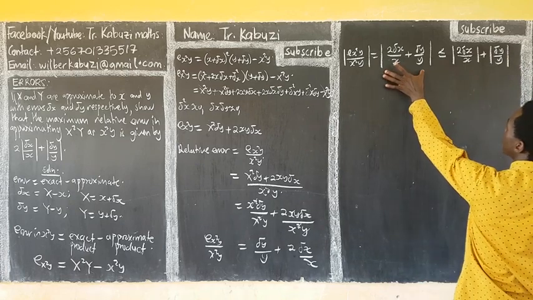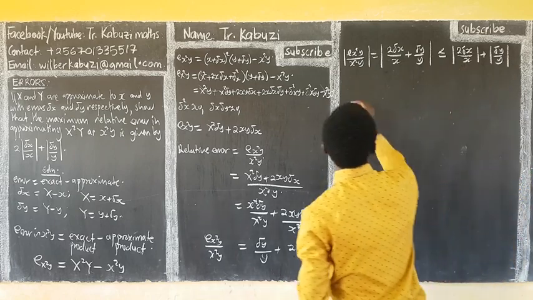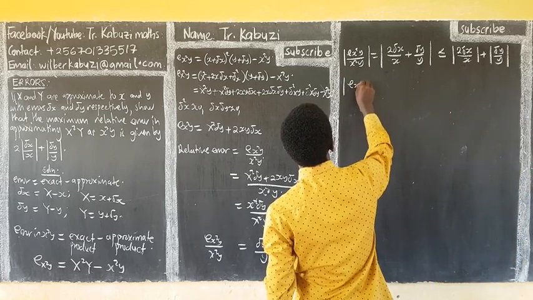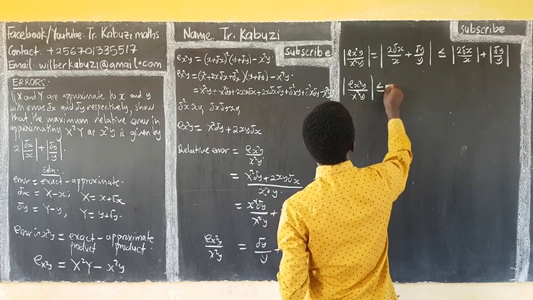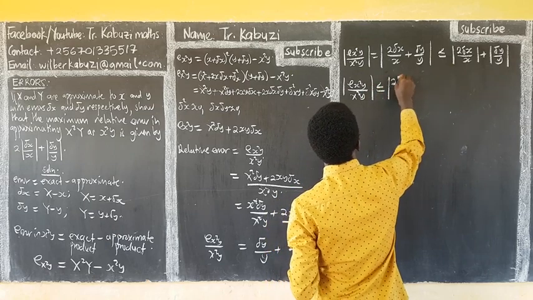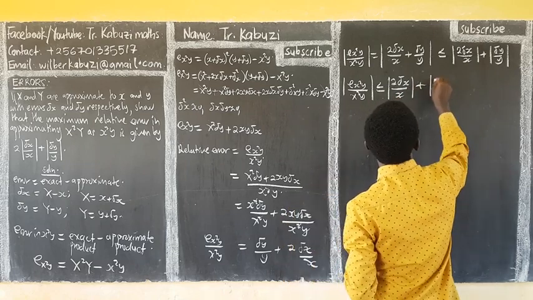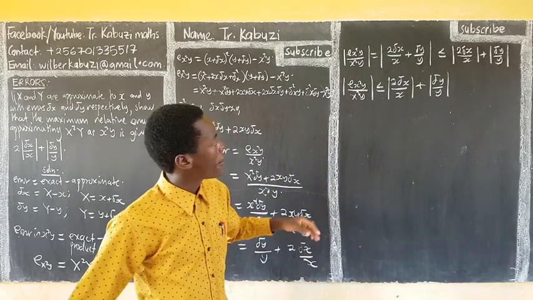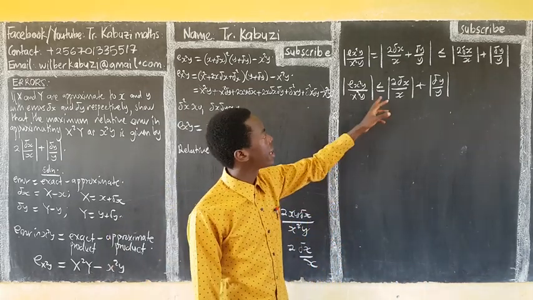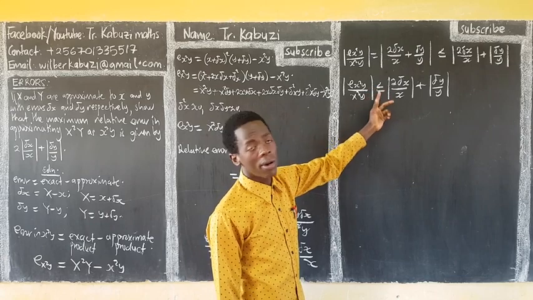If this is less than or equal to this, and this is equal to this, it means that this is also less than or equal to this. So the error we can get is less than or equal to this.